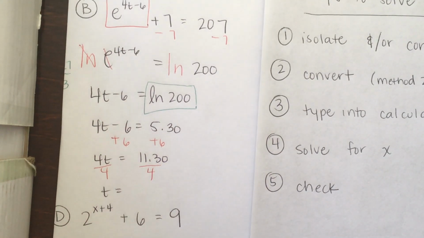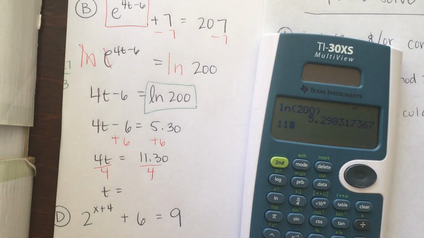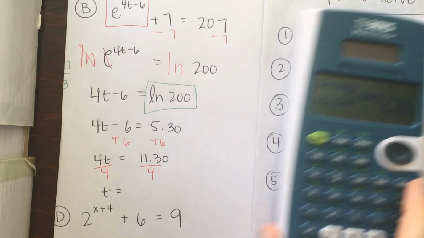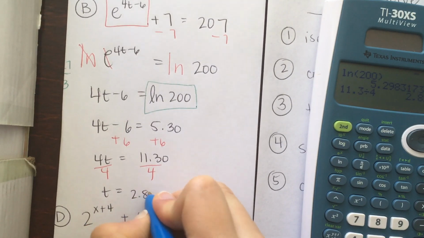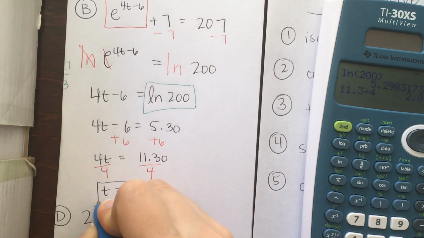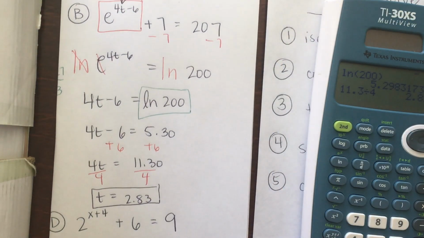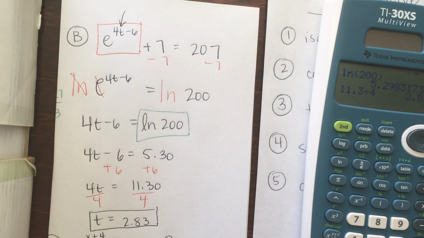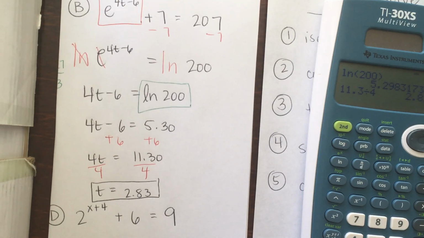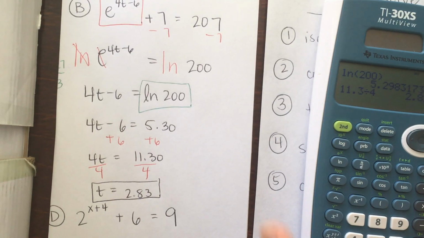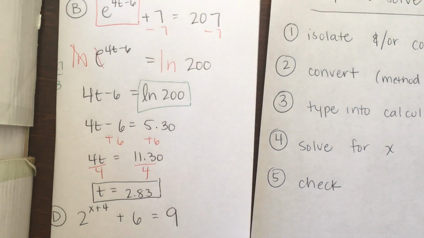And my final answer is 2.83. You could double check your answer by plugging that 2.83 back into the original equation and make sure you get a 207. All right, I'm going to try and go through these last two examples a little bit faster.